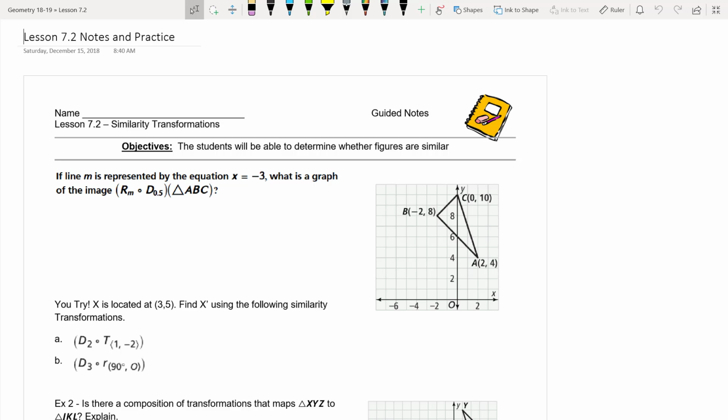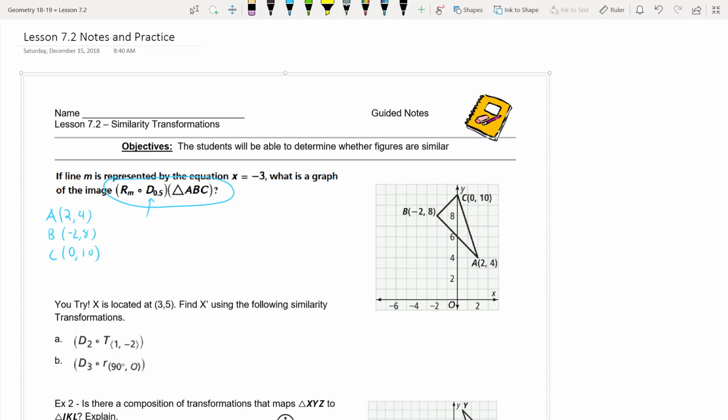So in this first example here, they've given us a composition of transformations. Remember, you always do the right-hand one first. So we're going to dilate this first. So I've got the points listed there. And if I'm dilating first, I'm going to multiply each of those by 0.5, or I'm going to cut them all in half.